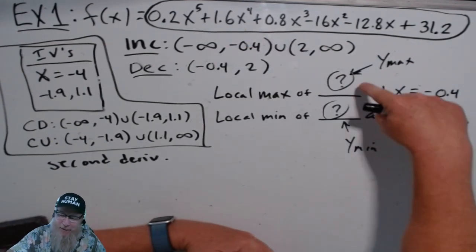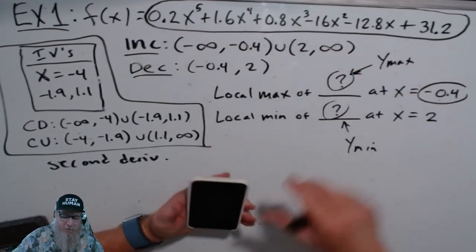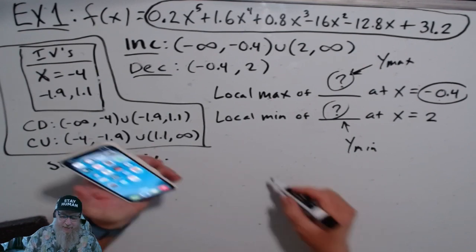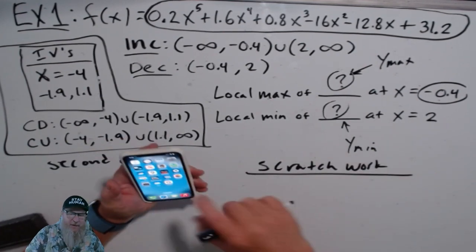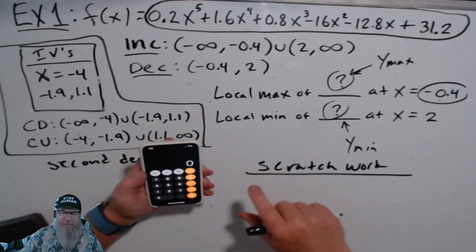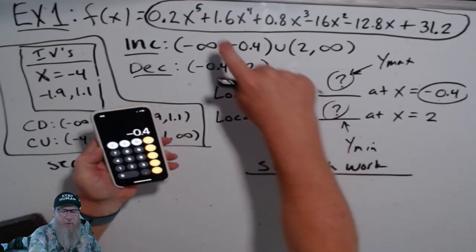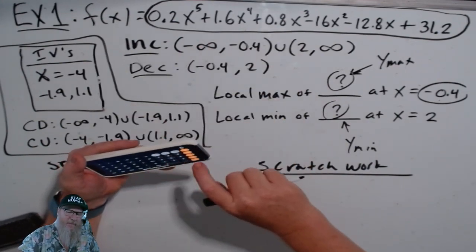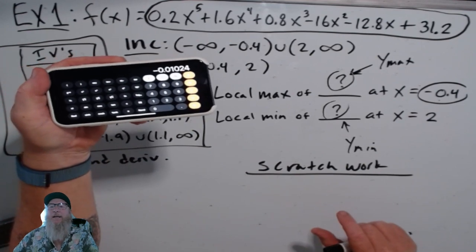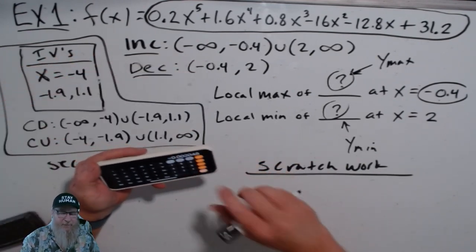So let's do y max. We'll plug in -0.4 into here, and I'll do some scratch work to try to keep moving. So we have -0.4 to the 5th power, a tiny negative decimal, and then multiply that by 0.2.